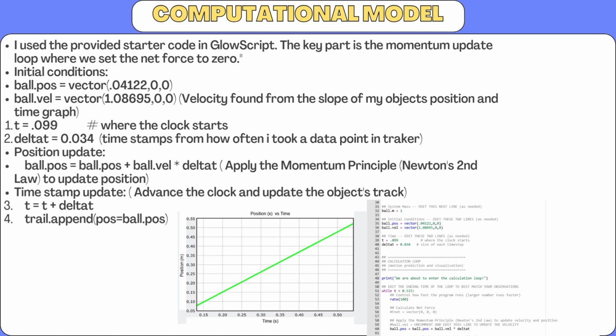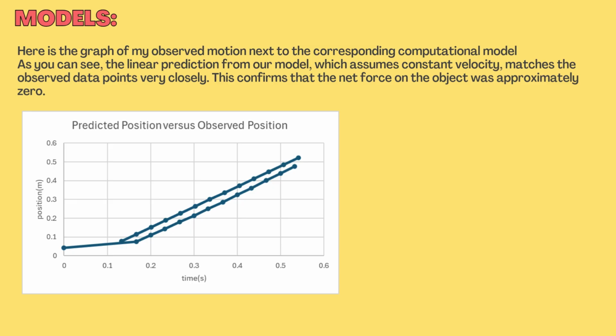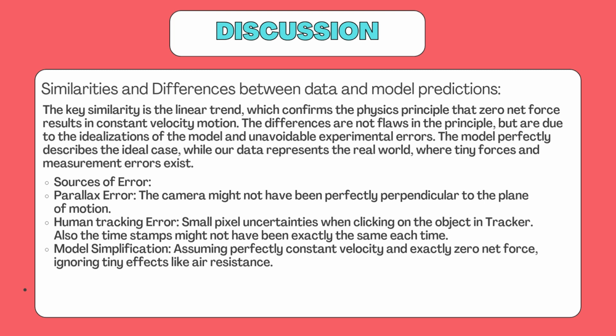Then the time update was t equals t plus delta t, and you can see some of my initial conditions there. So here was the computational model next to the observed motion graph. As you can see, the linear prediction from our model, which assumes constant velocity, matches the observed data points very closely, and this confirms that the net force on the object was approximately 0.